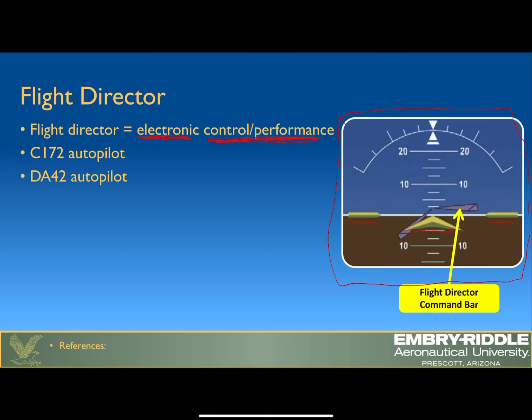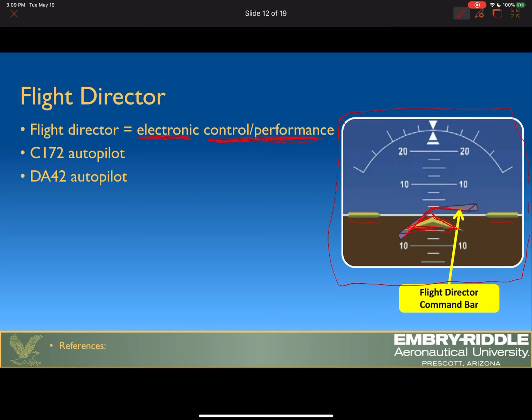But the flight director is telling us, I guess we're doing a turn, it looks like maybe just a straight and level turn or a climbing turn. It wants us to pitch up and bank to the left a little bit. So the idea is that you would get your golden triangle here to fit inside the flight director. So the flight director is telling you what to do.